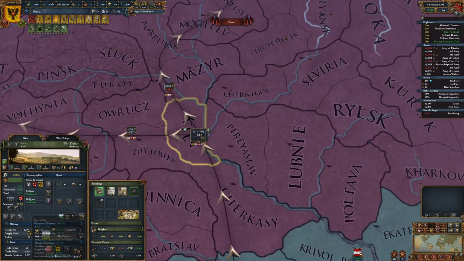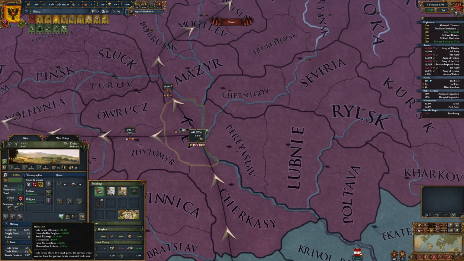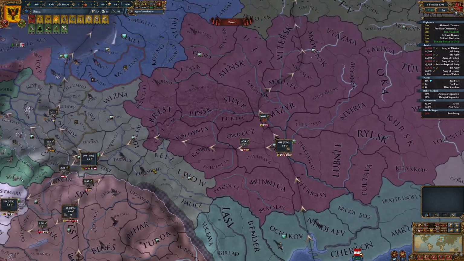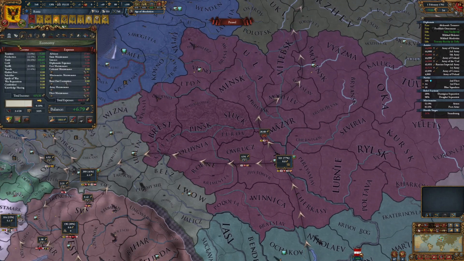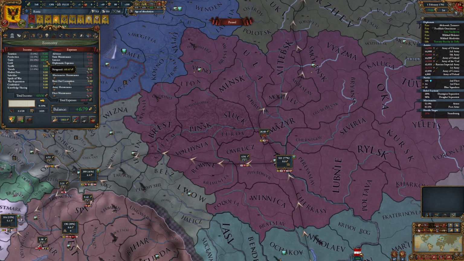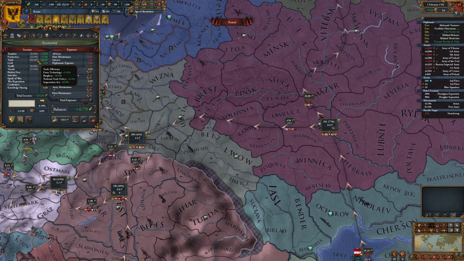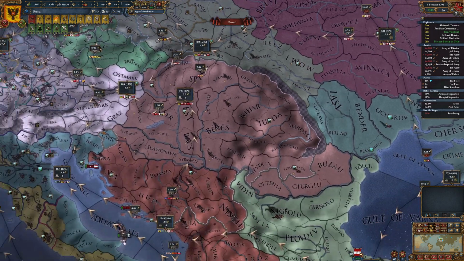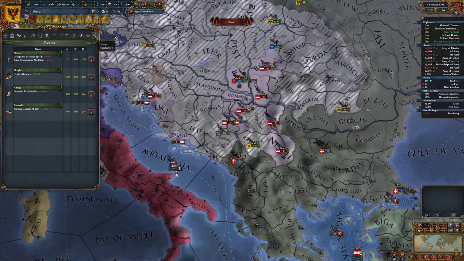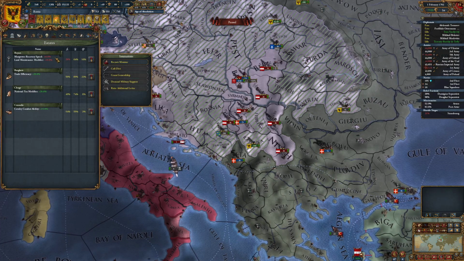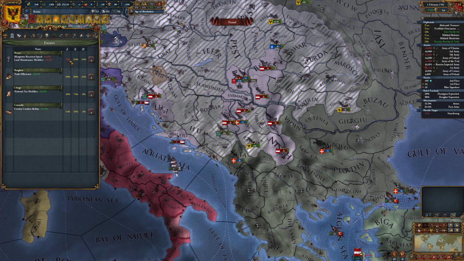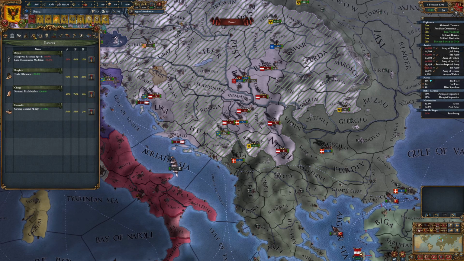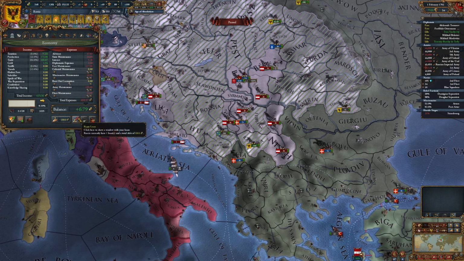If we take a look at Kiev again, it's 42.1. So it's not that much. So it might actually have been more beneficial to do the trade efficiency. But whatever. If I can actually get the boyars loyal again, we are going to earn enough money that it doesn't matter.